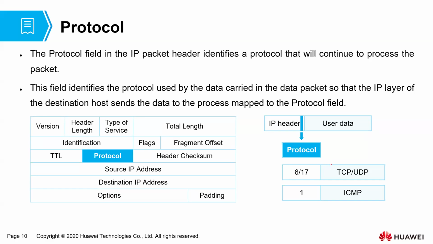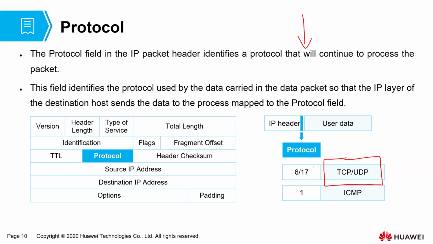As information is being encapsulated at layer 4, there is a protocol being used at layer 4 before information ends up at layer 3. So the protocol field basically identifies the protocol being used in the upper layer, layer 4.